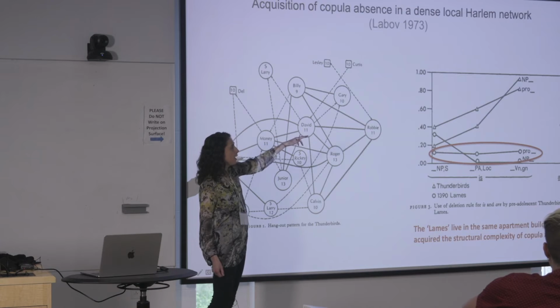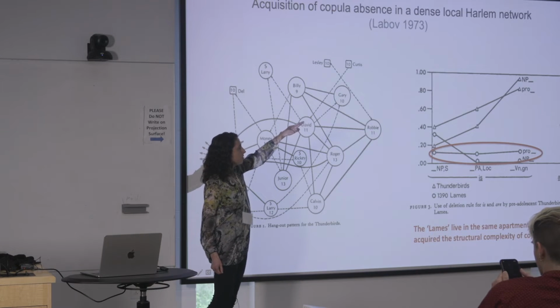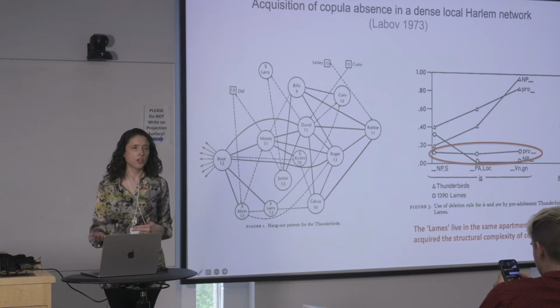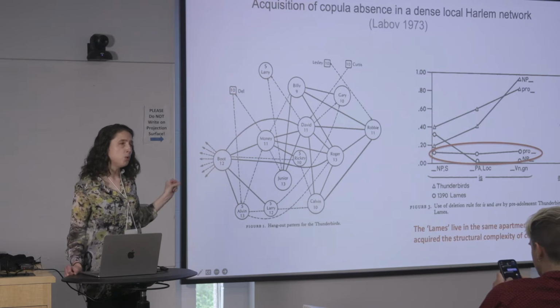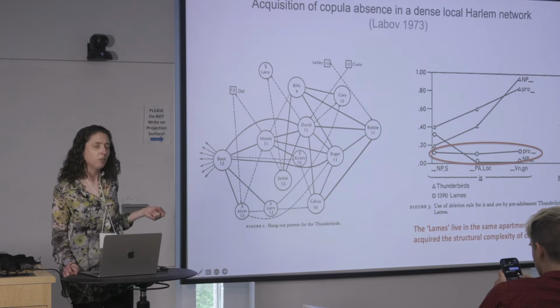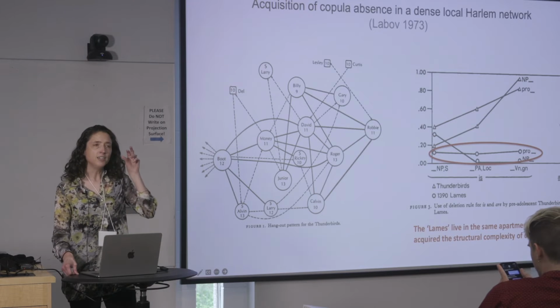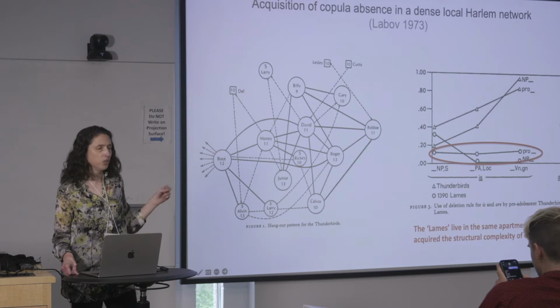And with respect to the type of subject, whether it's a full noun phrase or just a pronoun, and whether it's singular or plural, is versus are, they're showing the pattern we expect. So those boys know how to do copula absence. They've acquired this kind of complex structure underlying copula absence, and that's the pattern we find time and time again in speech communities all over the country, right?